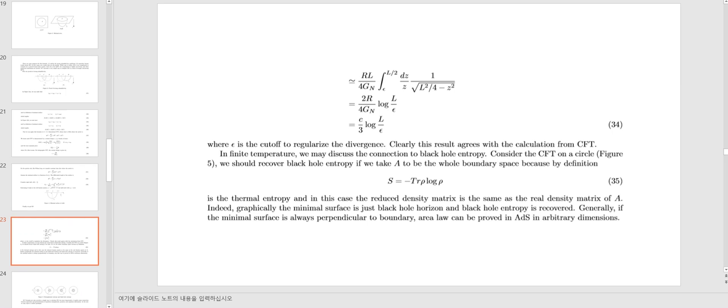Generally, if the minimal surface is always perpendicular to the boundary, the area law can be proved in arbitrary dimensions.